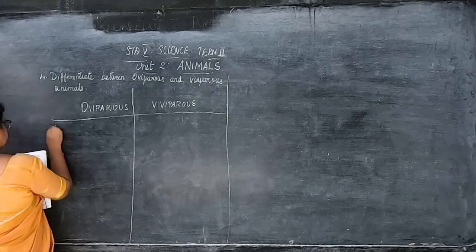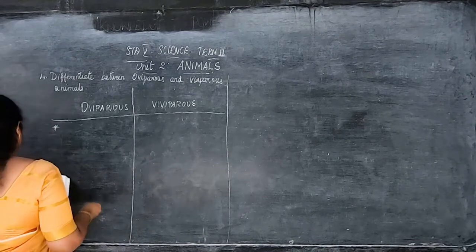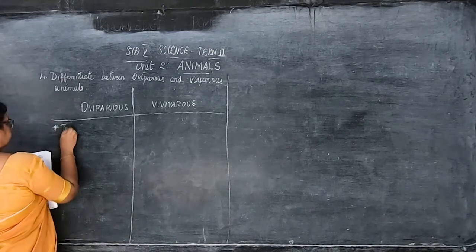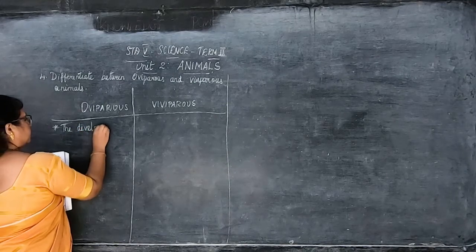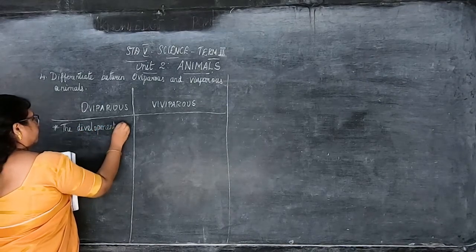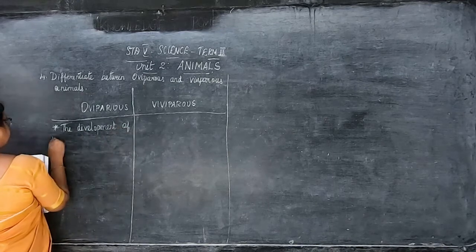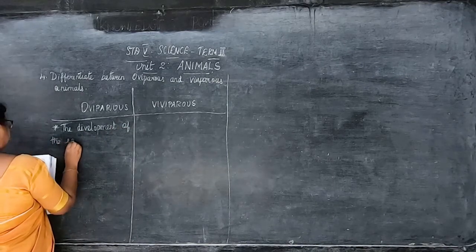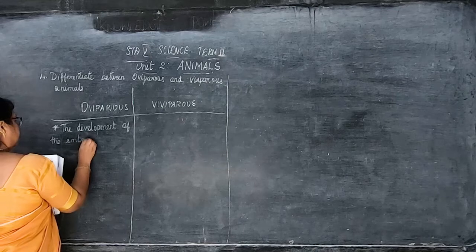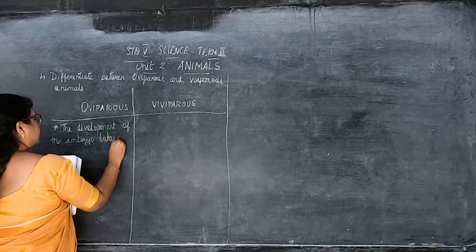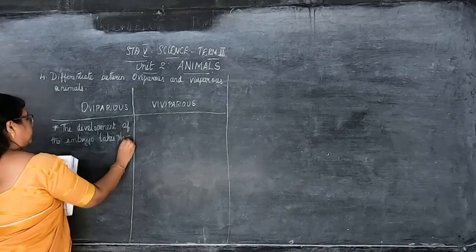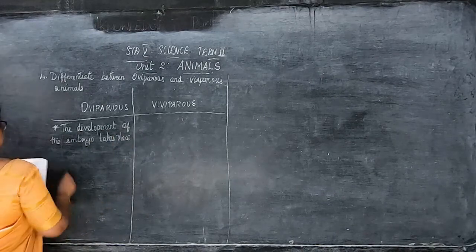First point. The development of the embryo takes place outside the animal.